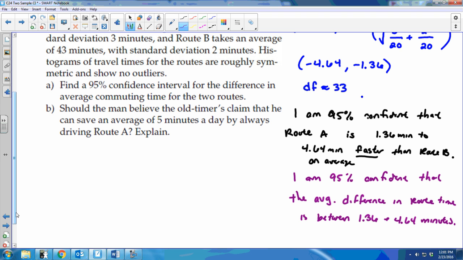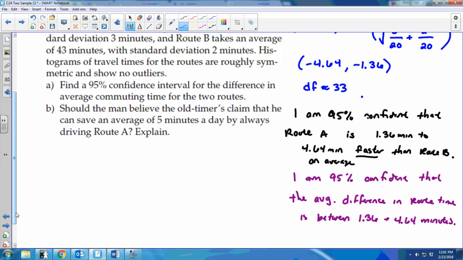Conclusions. All right. Then part B says, should the man believe the old-timer's claim that he can save an average of 5 minutes a day by always driving Route A? People are shaking their heads no. That's good. But you're supposed to explain. 5 minutes is outside the interval, right?